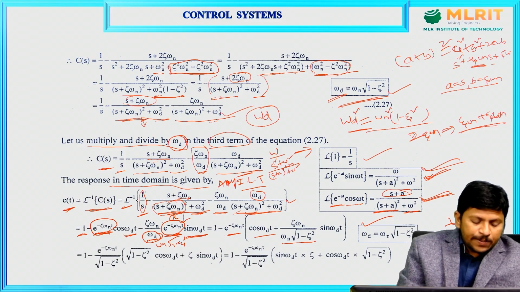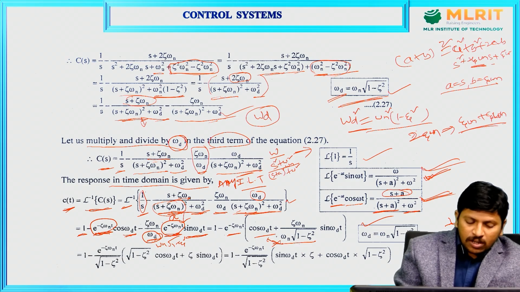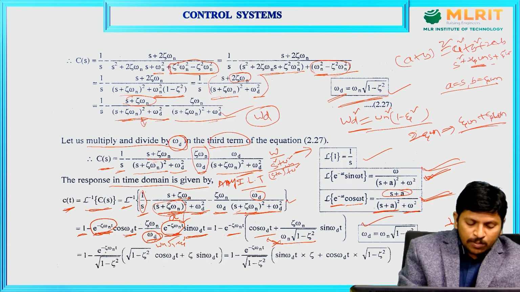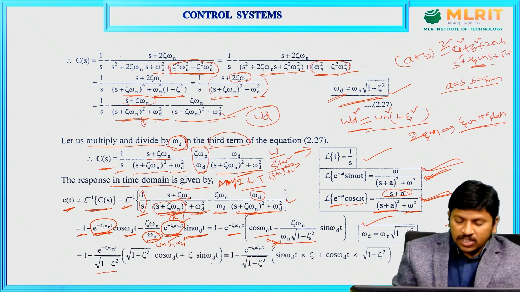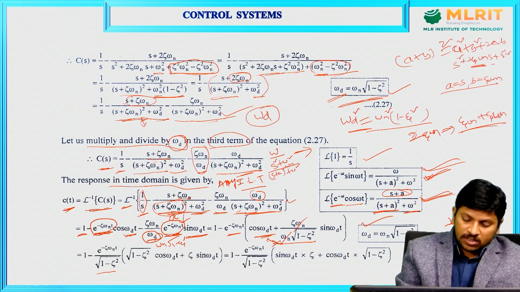So 1 minus e^(-zeta omega_n t) divided by square root of 1 minus zeta square. Here the omega_n terms cancel, so cos omega_d t plus zeta by square root of 1 minus zeta square sin omega_d t.